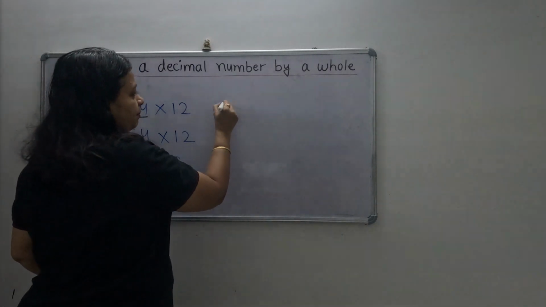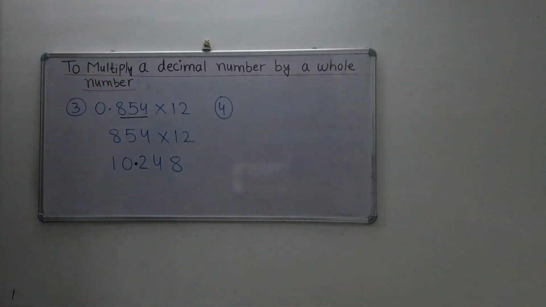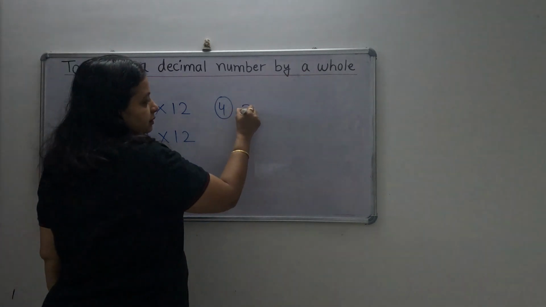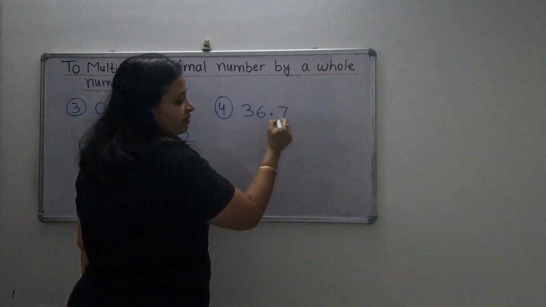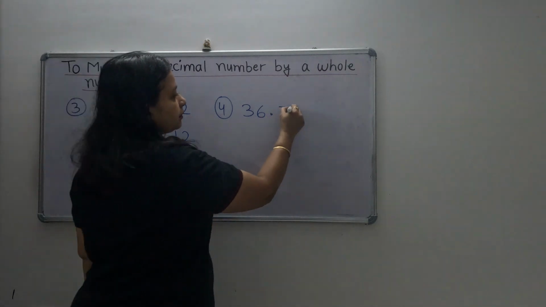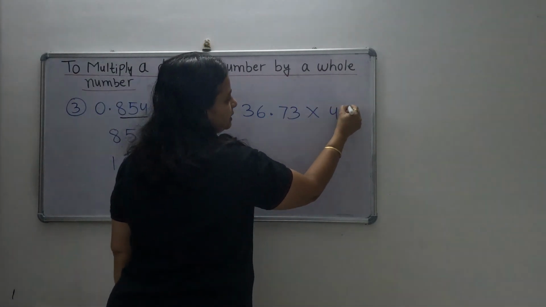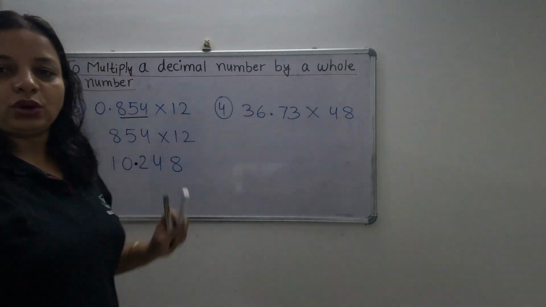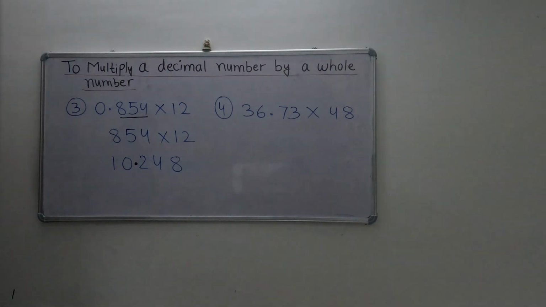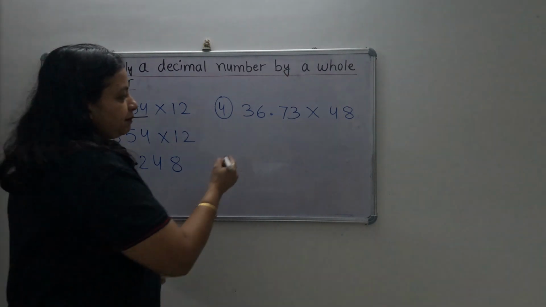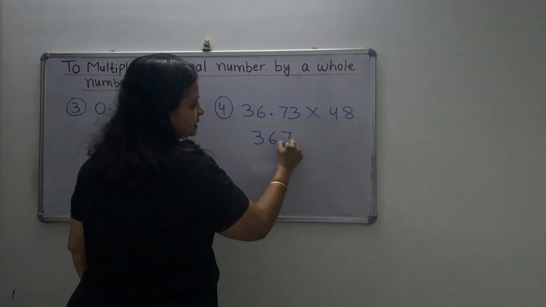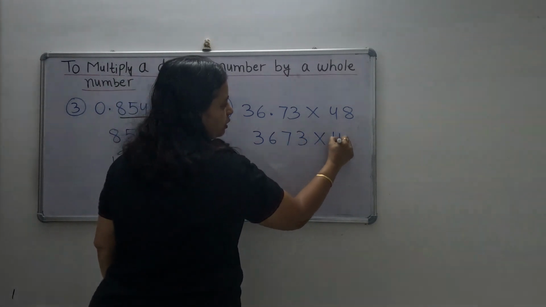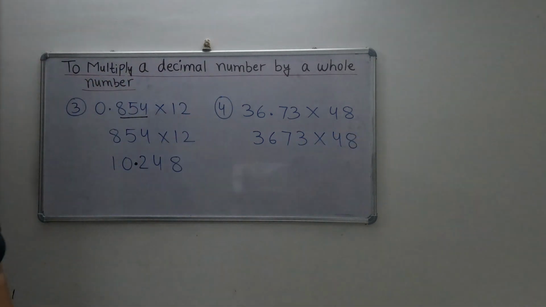So the fourth example is 36.73 times 48. One is the decimal number, another is the whole number. Same process, ignore the decimal points and multiply. 3673 times 48. Do this multiplication.